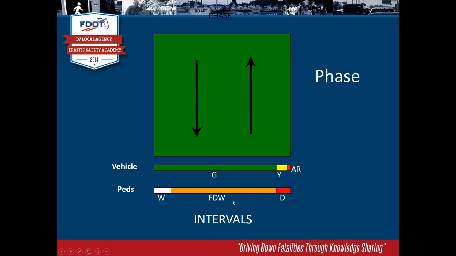And then at the end of the pedestrian clearance time, the flashing don't walk, there is a steady don't walk period that typically coincides with the yellow and all red. And so these things here at the bottom, the green, yellow, all red for the vehicles, the walk, flashing don't walk, and steady don't walk for the pedestrians, those intervals make up the phase.